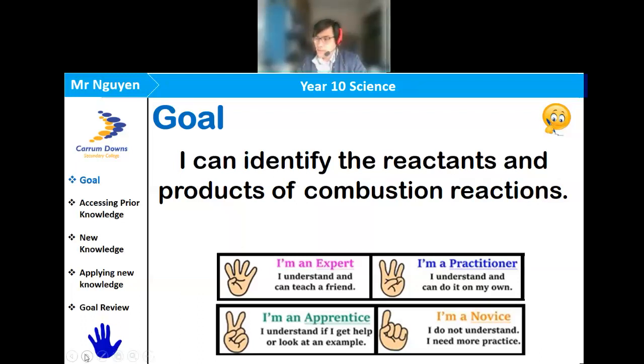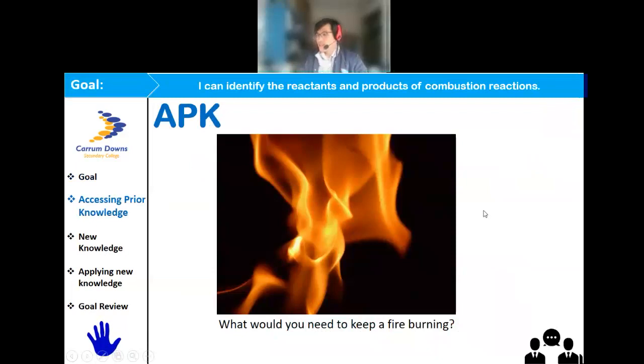So moving on here. All right. So our APK for today is: what would you need to keep a fire burning? Okay. So I'll give you guys about 30 seconds. So write your answer in the chat there.